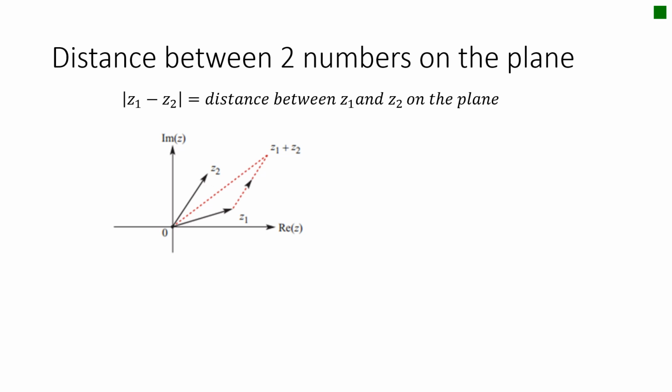It's a way of measuring the distance between those two complex numbers. Now, of course, the order doesn't matter because the modulus removes any negativity between the two. So z1 minus z2, or equivalently z2 minus z1, will give us the distance between any two complex numbers, z1 and z2, on the plane.